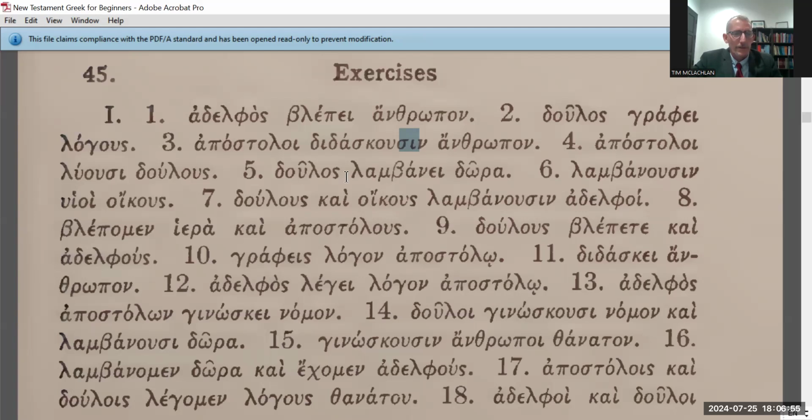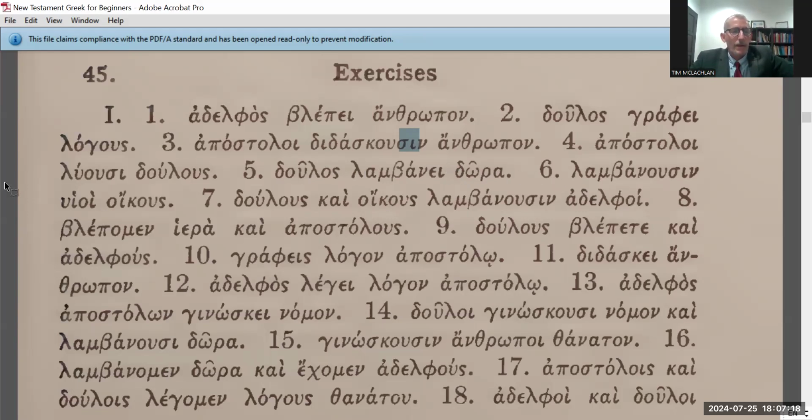But again, the context would tell you usually which one it is. So in this case, a servant receives a gift. Dora is plural, that's correct. Actually, is that what we had there? Yeah, that's right, it's plural, okay.